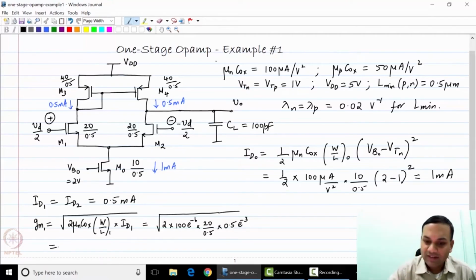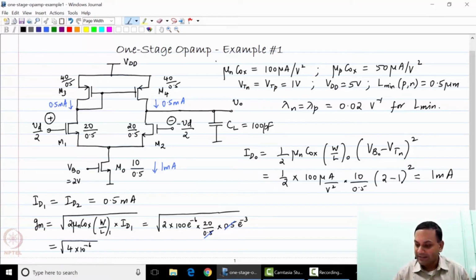So this is root of 4 into 10 power minus 6, which is 2 millisiemens. So GM1 is equal to GM2 is equal to 2 millisiemens.